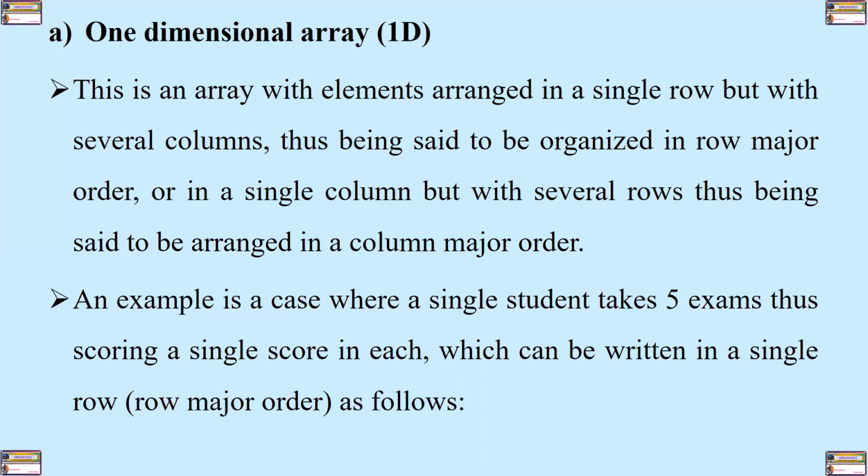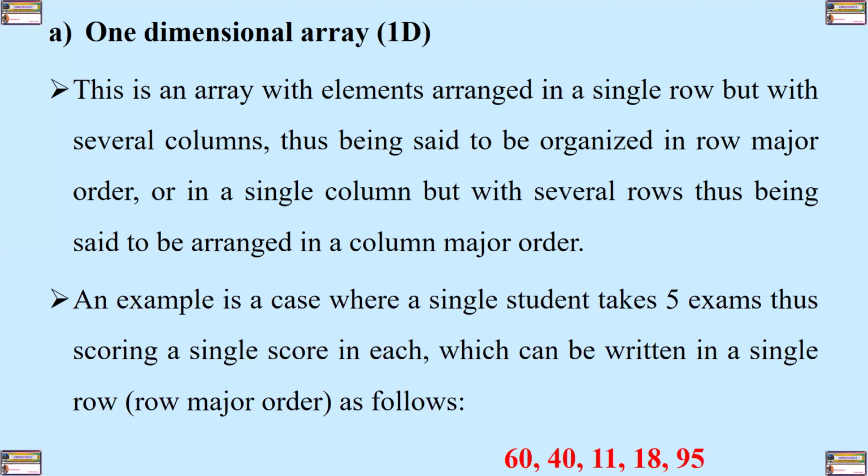It is simply because even the compiler stores the elements in the form of rows, regardless of whether those elements are in columns or not. So even if you have data organized in columns in the form of a table, when it comes to storing those elements in memory, they are stored as rows.